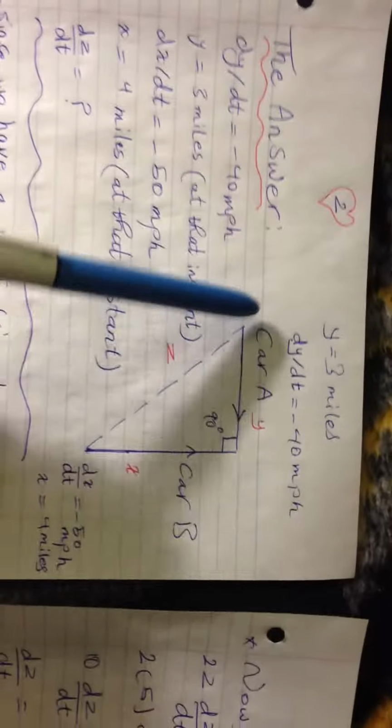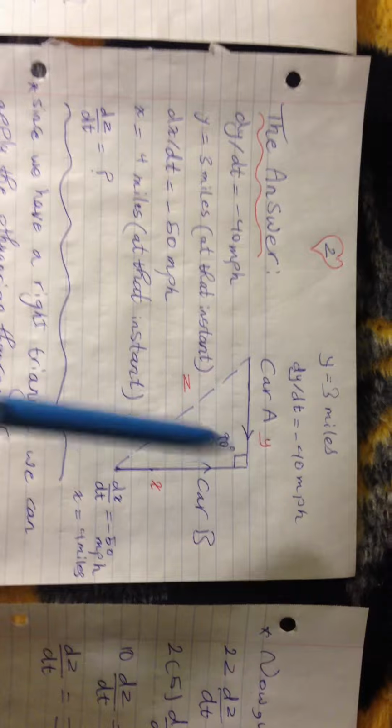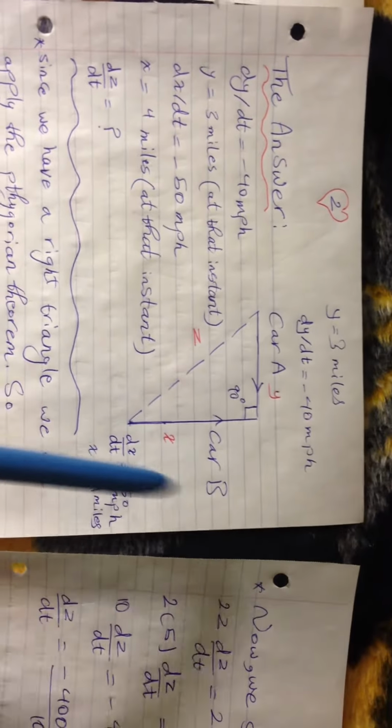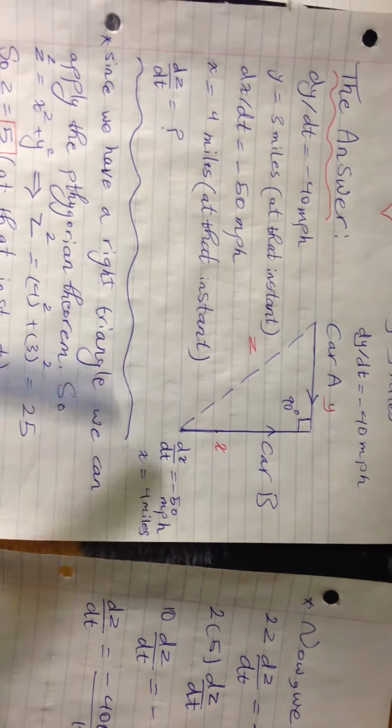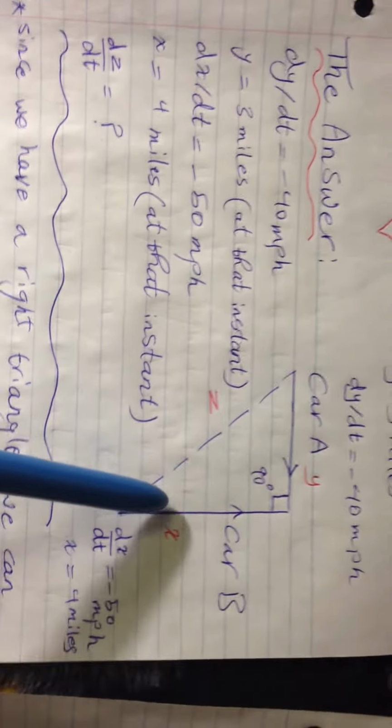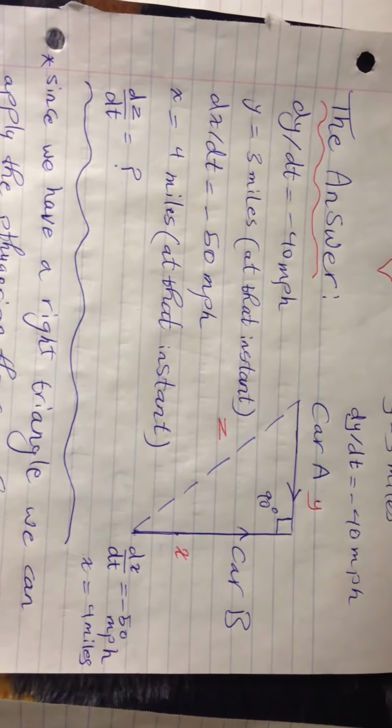Y equals 3 miles at that instant and X equals 4 miles at that instant, which means car A is 3 miles away from the intersection and car B is 4 miles from the intersection.